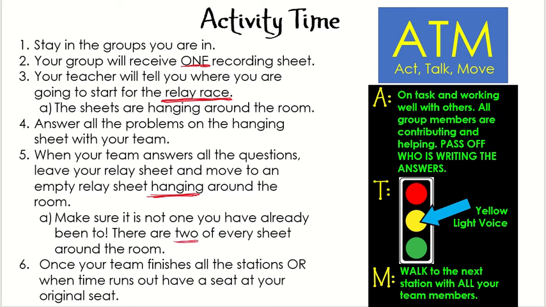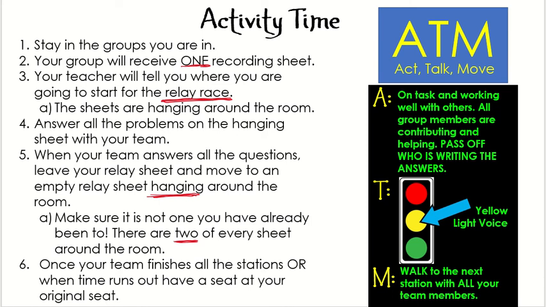So just make sure that whenever you're moving to the next sheet, you're not at Station A again if you were just at Station A. I did that so there was enough for everybody. Once your team finishes all of the stations, or when the time runs out, you need to return to your original seat.